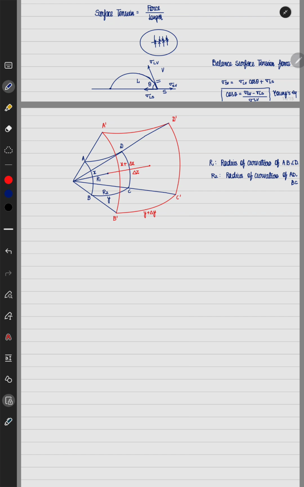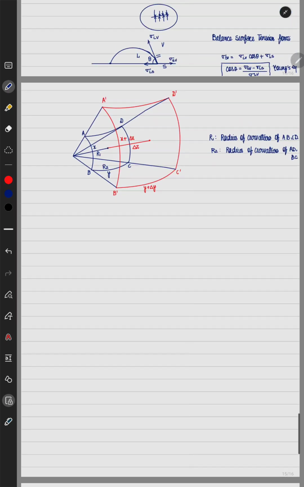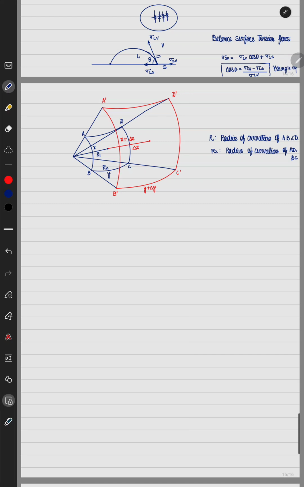Now the radius of curvature associated with A prime, B prime and C prime, D prime is changed from R1 to R1 plus delta Z. The radius of curvature associated with BC and AD will now be R2 plus delta Z. The radius of curvature associated with AB and CD is given by R1 initially, and after extension, the radius of curvature of A prime, B prime and C prime, D prime is given by R1 plus delta Z.